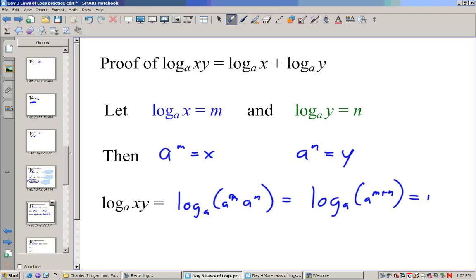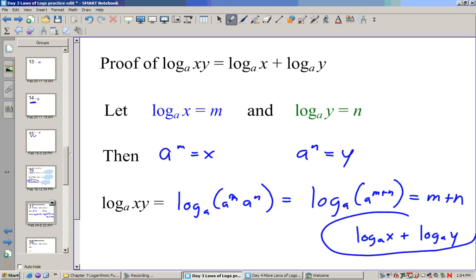That answer is just going to be m plus n. And we know m is equal to the log base a of x, n is equal to the log base a of y. So log base a of xy is equal to log base a of x plus log base a of y.